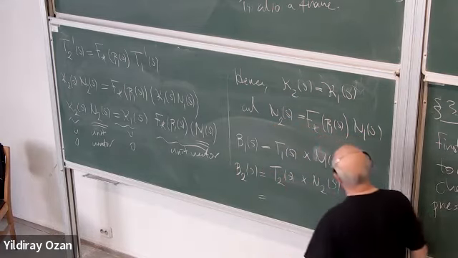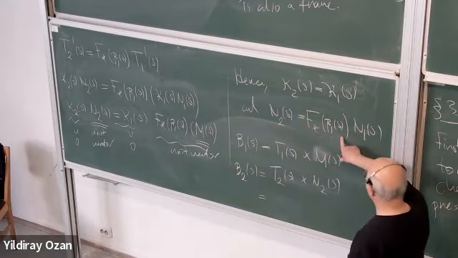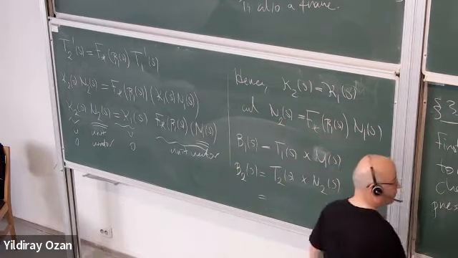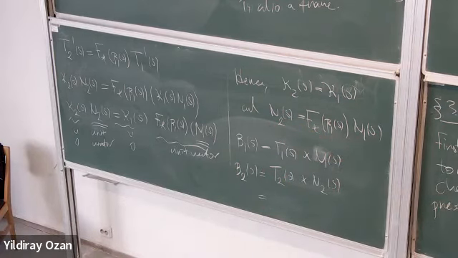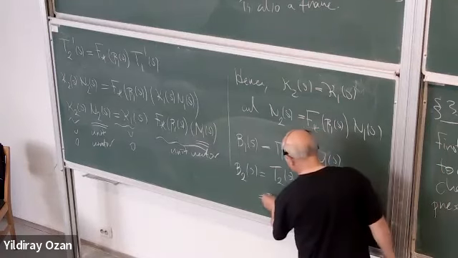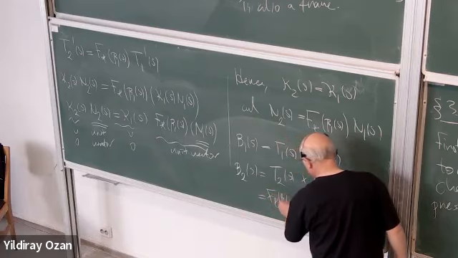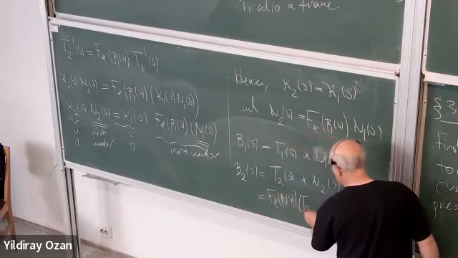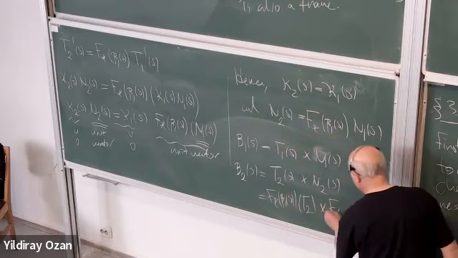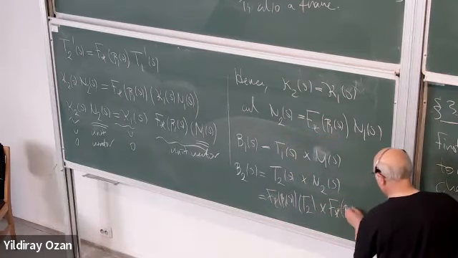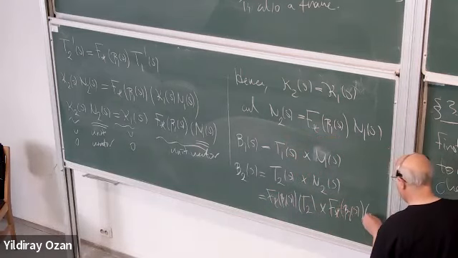But T2 is just F star times T1. So this is F star T1 cross F star N1.